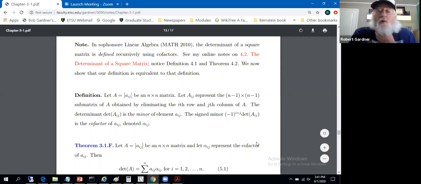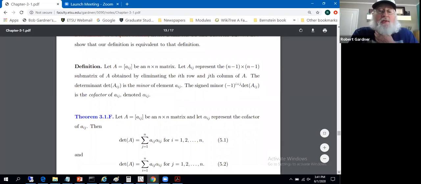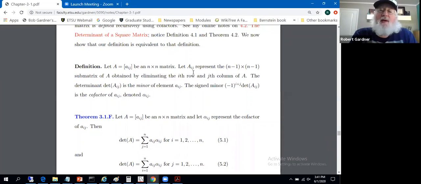Okay, so to link together what we're doing and what you did back then, take A to be a square matrix with entries lowercase a sub ij. We're defining a new matrix, capital A sub ij.